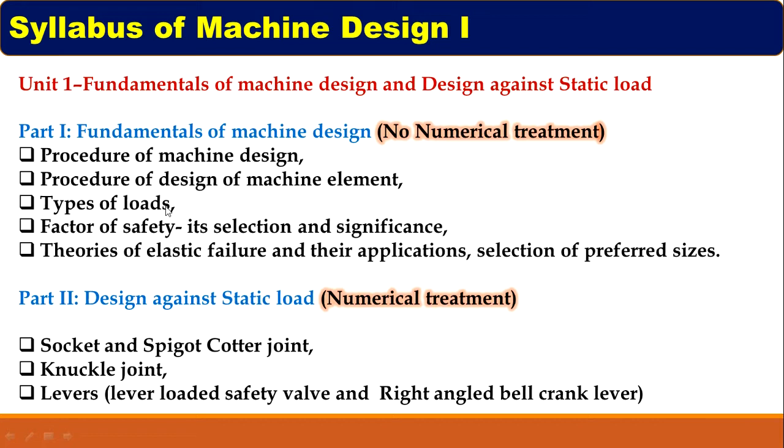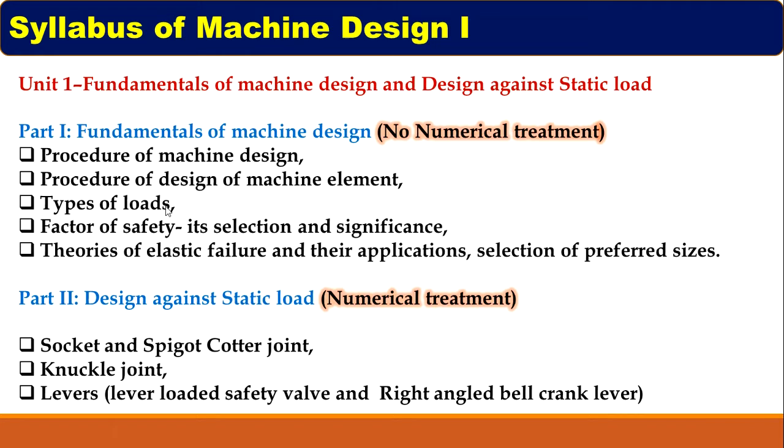Then the third article is types of loads. Before designing any component, you must know the types of loads. For example, consider a shaft. You must be able to identify which type of load is there on the shaft, and according to that you should be able to design that shaft.